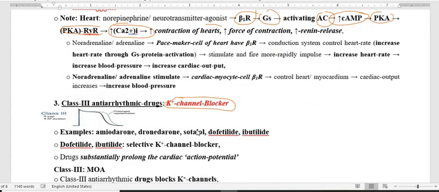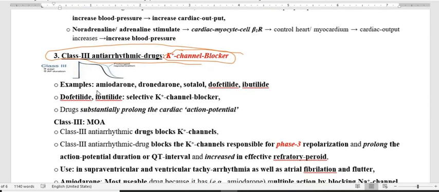The third one is the class 3 anti-arrhythmic drug, which is a potassium channel blocker that we already discussed. The potassium channel blocker drugs are amiodarone, dronedarone, sotalol, dofetilide, ibutilide.